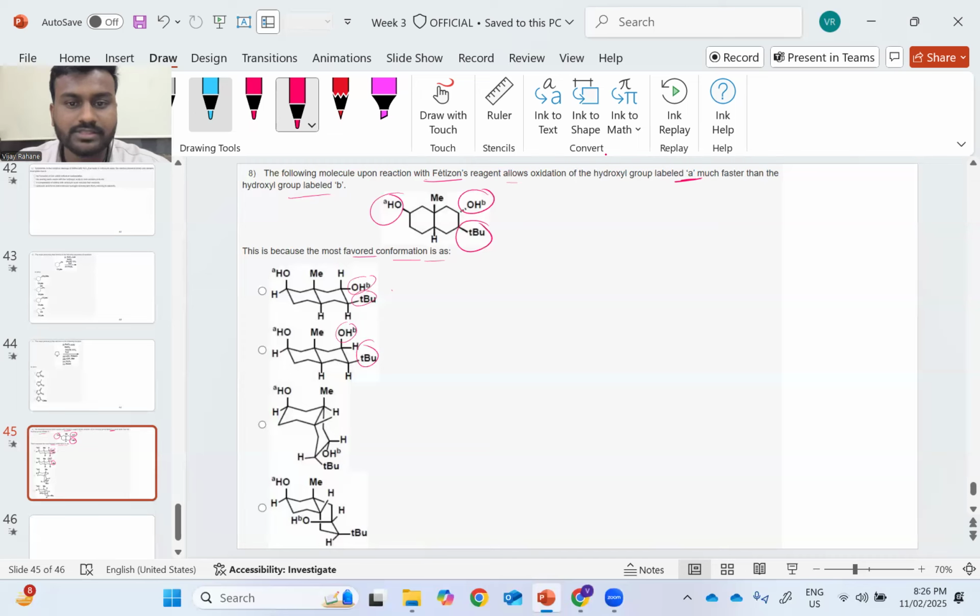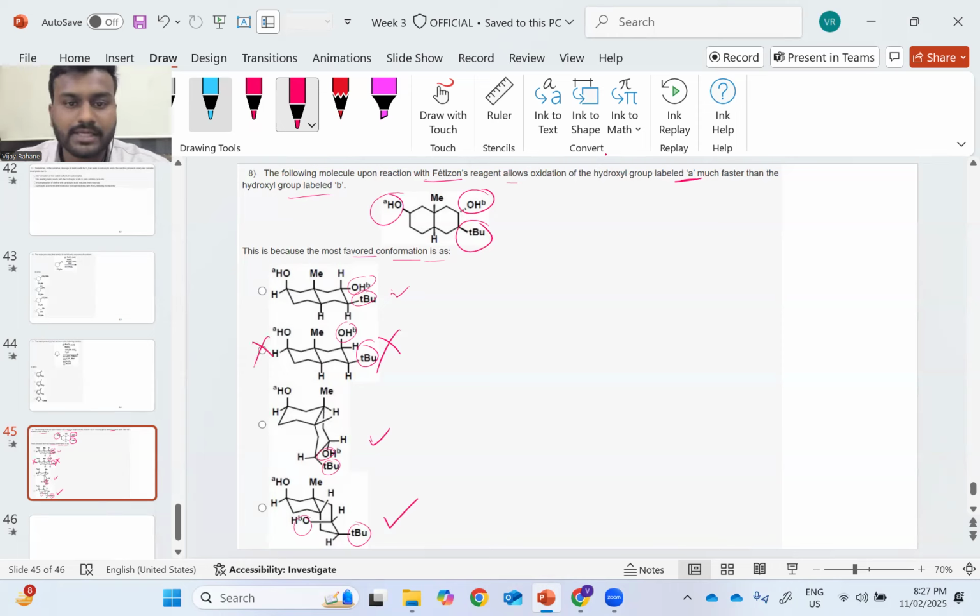In this one, these two groups are syn to each other. This is obviously the wrong option because the conformation is wrong. If you look at the next one, the OH and the tert-butyl are anti, right, and in the fourth option the tert-butyl and OH are syn. So we have neglected this option.